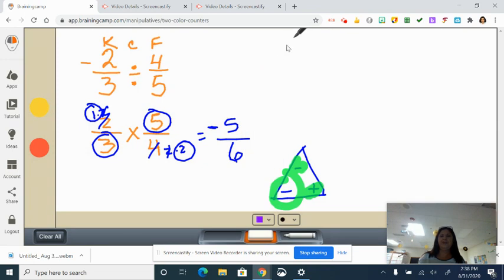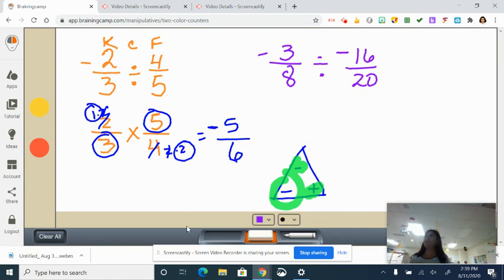Let's do one more. This will be your exit ticket. Negative 3/8 divided by negative 16/20. Remember to do keep, change, flip. Simplify before you multiply.